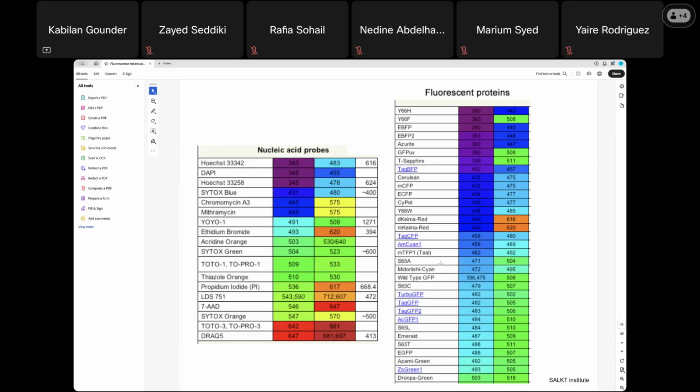Also, for different proteins, if you really want to study them, we have several fluorescent proteins that you can tag: GFP, the green fluorescent protein, turbo GFP, tag CFP. There are several proteins, and if you use these, you will get this kind of color.